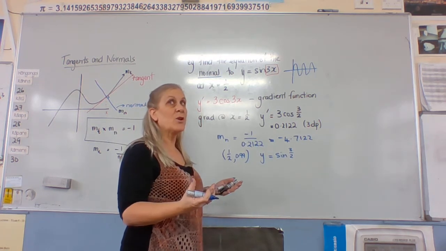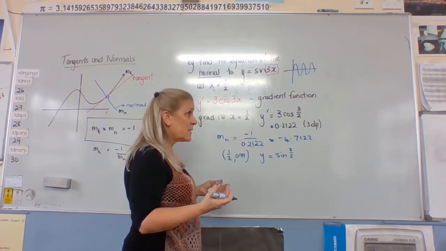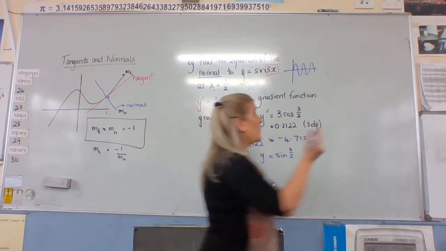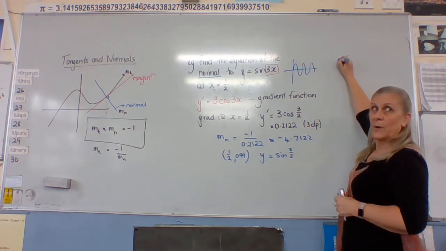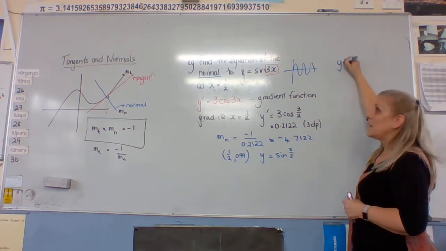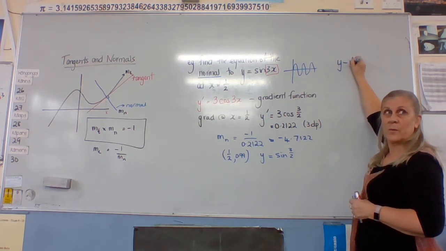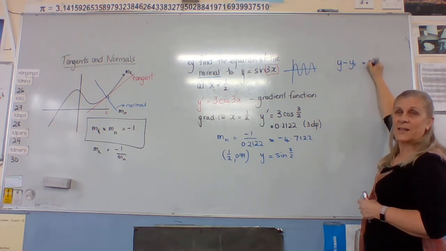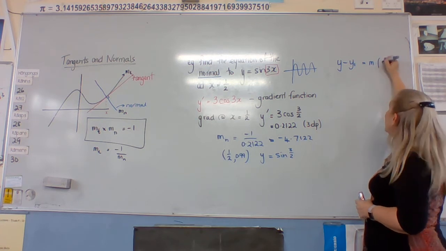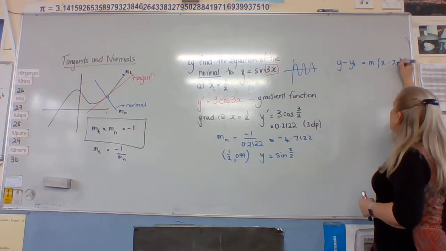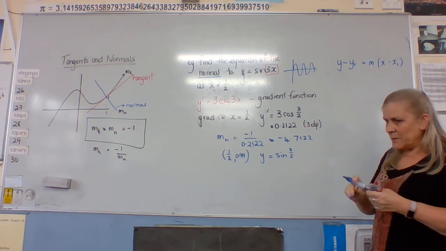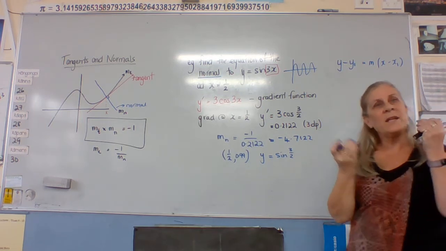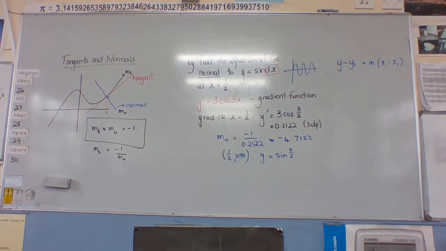My equation that I'm going to use is y minus y1 equals m in bracket x minus x1. I think you don't have to remember that. I'm pretty sure it's on the formula sheet, but it may not be. But we need all those things.